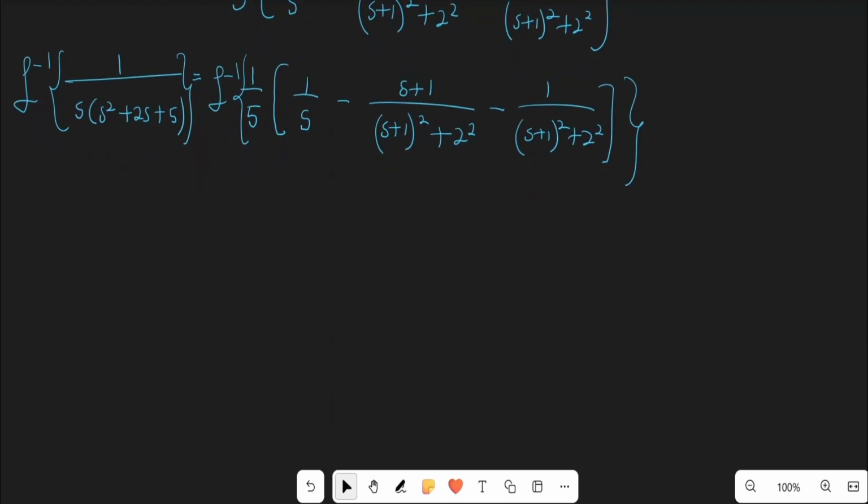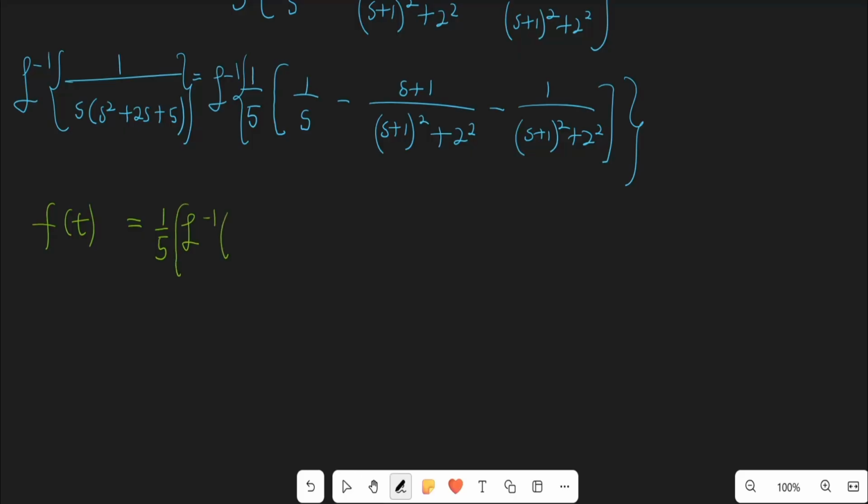So the Laplace inverse of this one is just f(t), and that is equal to, now 1 over 5 is constant, so 1 over 5, then I'm going to have the Laplace inverse. Now I'm going to use the linearity property of the Laplace inverse.